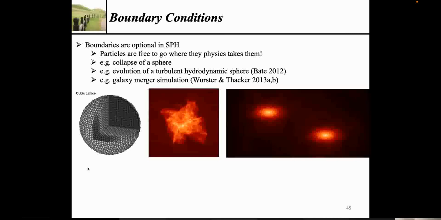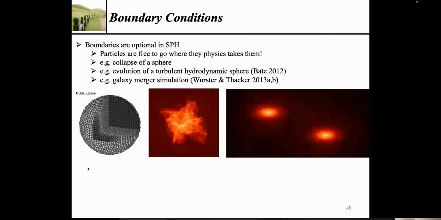In Smoothed Particle Hydrodynamics, we can actually ignore boundary conditions completely if we choose. So if we have just a sphere, or we're modeling a hydrodynamic cloud, which Matthew Bate has done consistently over the past 2 decades or so, or trying to merge 2 galaxies, we can completely avoid boundary conditions if we want. So the particles just go wherever they so choose.